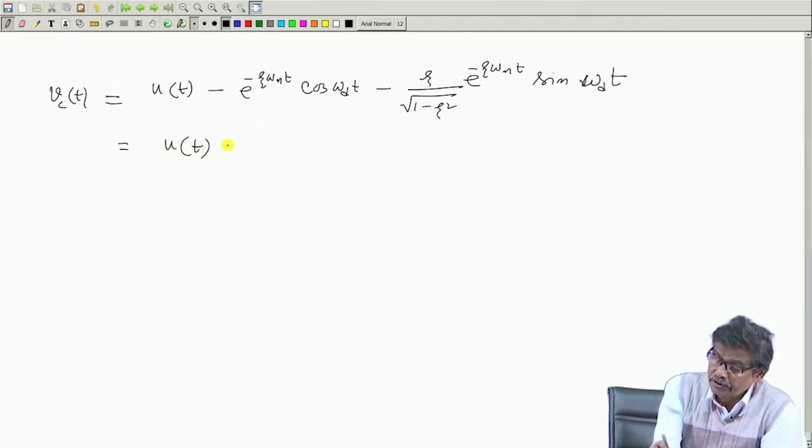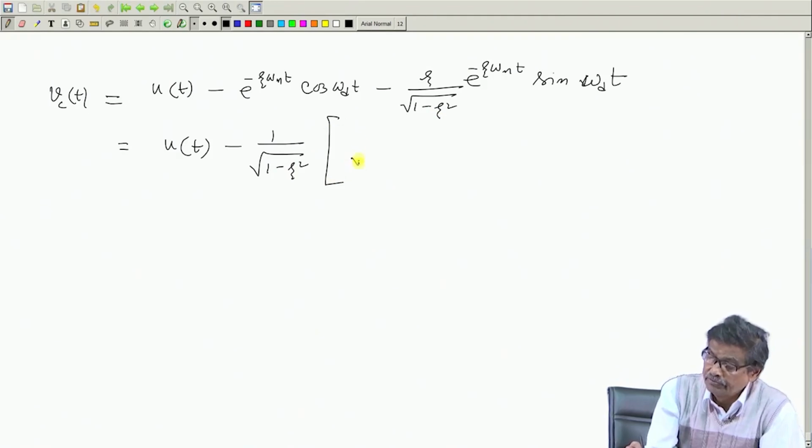Then what you do, minus 1 over root over 1 minus zeta square, this thing you take common, then you will be left with 1 minus zeta square, and also take outside e to the power minus zeta omega n t which exists in both the terms.